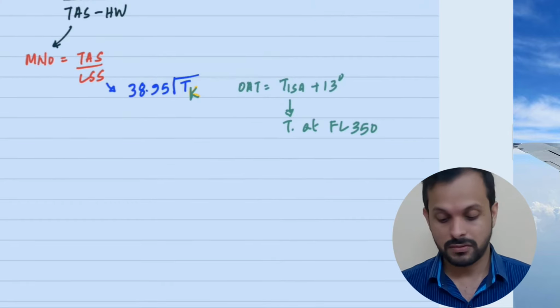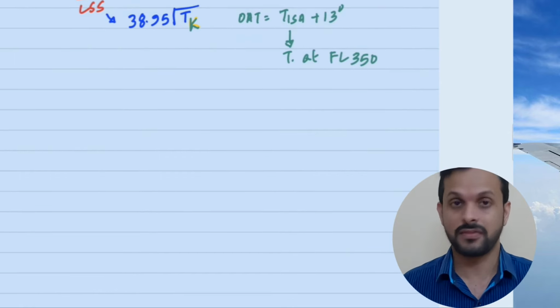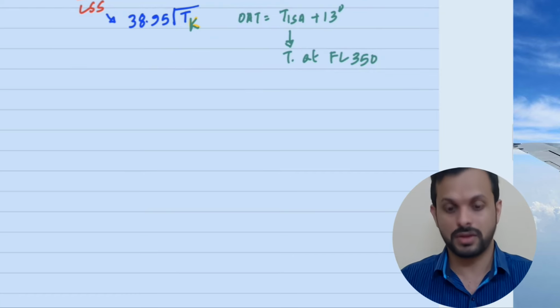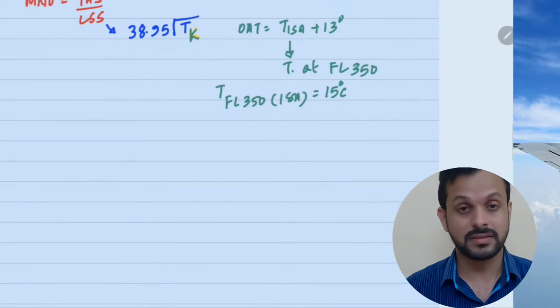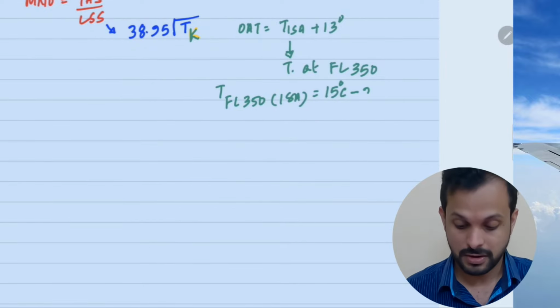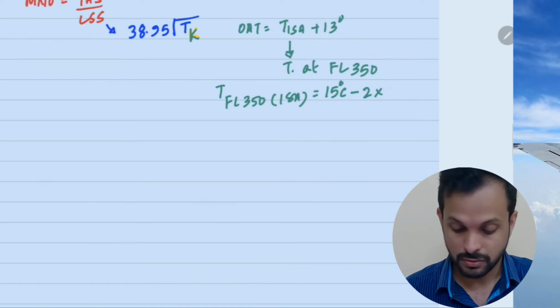Here the flight level is 350, it's below 36,090, so we have the lapse rate to consider all the way up to that height. Therefore, the ISA temperature at that level is 15 degrees Celsius, which is the mean sea level temperature under ISA conditions, minus, I'm taking 2 here, you can take 1.98, that's fine, into 35 for every 1,000 feet.